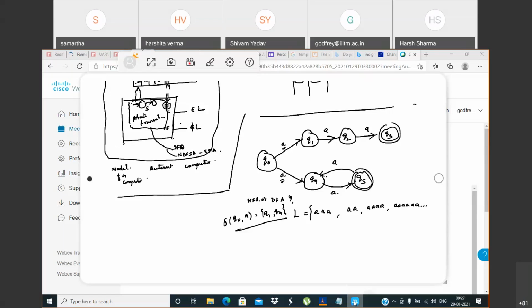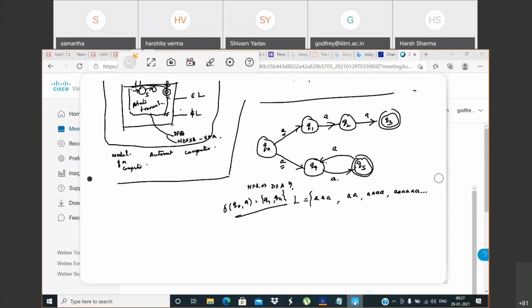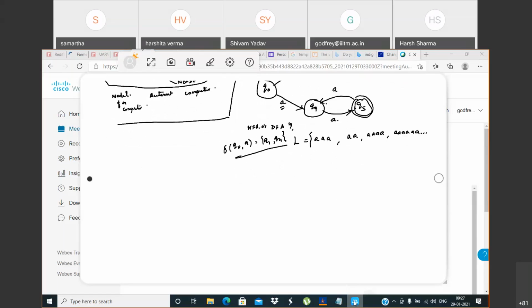Now we may have a transition diagram like this.